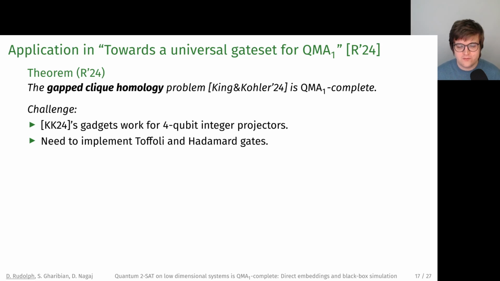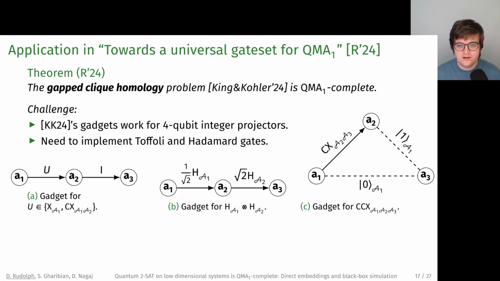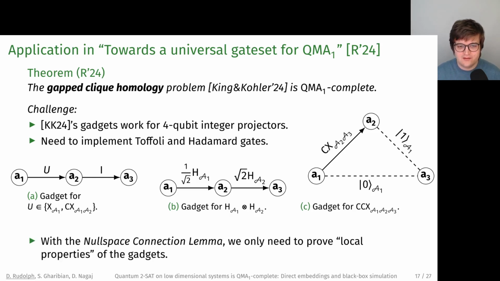But for the containment in QMA1, I need the Toffoli and Hadamard gates, and I have some gadgets to implement these. I won't go into detail here, but the takeaway is that with the null space connection lemma, we only need to prove local properties of the gadgets. And because these gadgets are finite objects, we can just analyze the Hamiltonian in a program like Sage and compute the null space exactly.